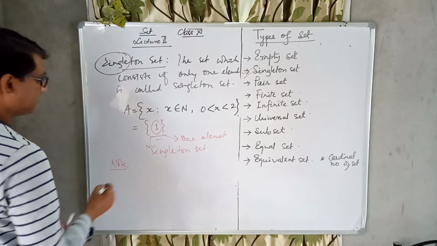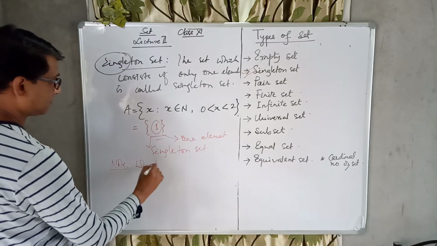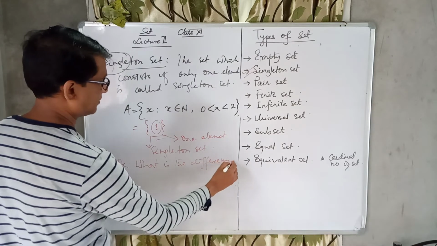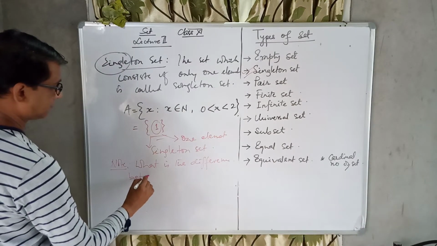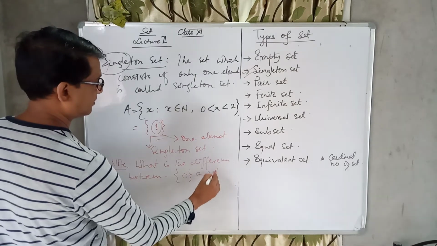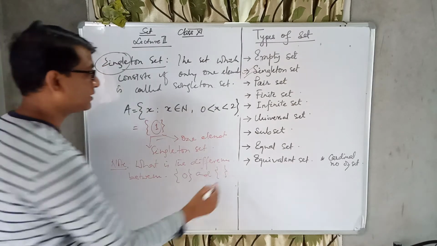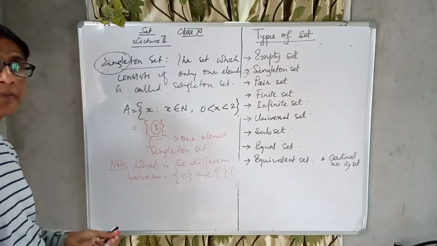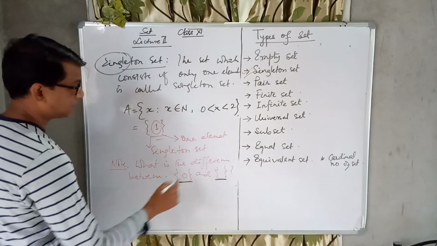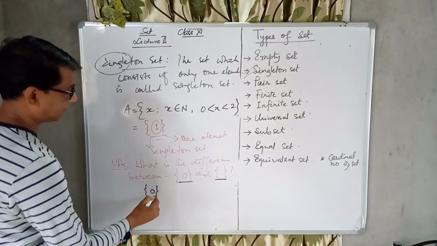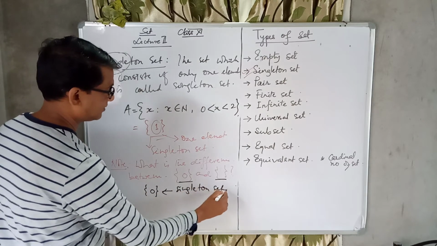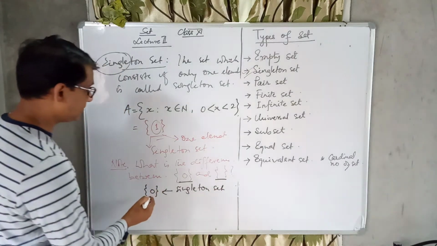Note, what is the difference between these two? This one is a singleton set, and its element is 0.